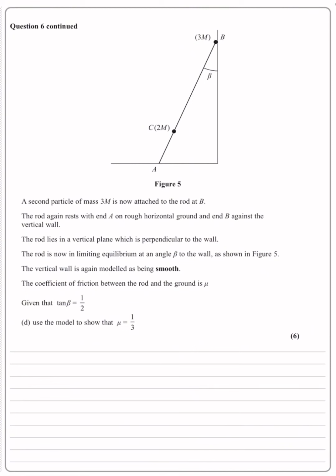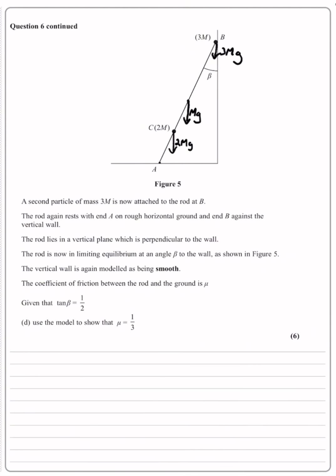Okay, on to D. So we've got an additional mass now attached. So I'm just going to add some forces onto the diagram. So we still have the 2mg coming from that original mass. We've got the force from the rod acting through the middle of mg, and then we've got a new force at B of 3mg acting downwards there.